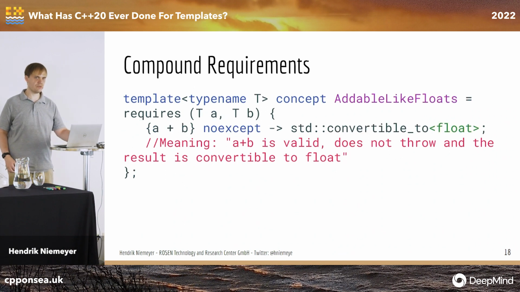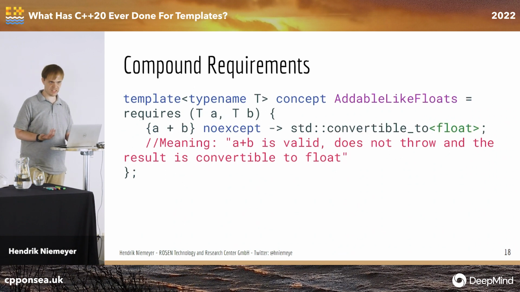There are compound requirements, which are a little bit of a generalization of the simple requirements, and it looks very similar. So we have an expression in curly braces here, which can be followed by an optional noexcept qualifier, which can be followed by an optional return type requirement, which is also a constraint, so here a concept.